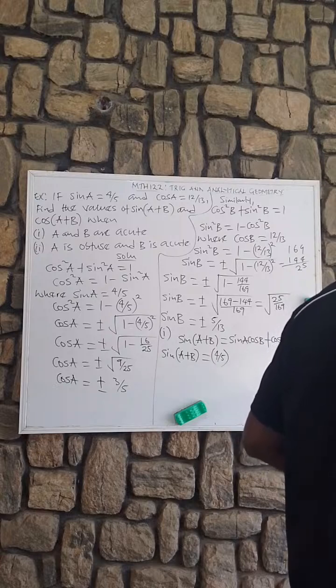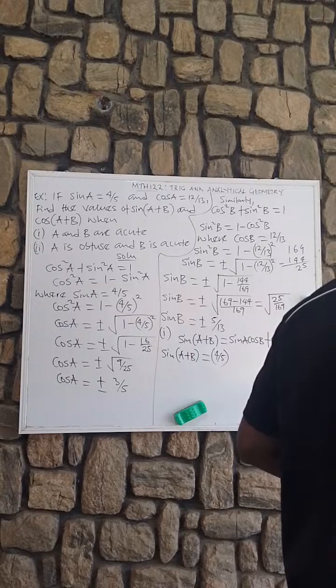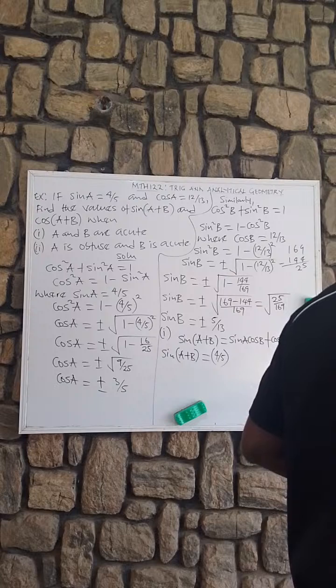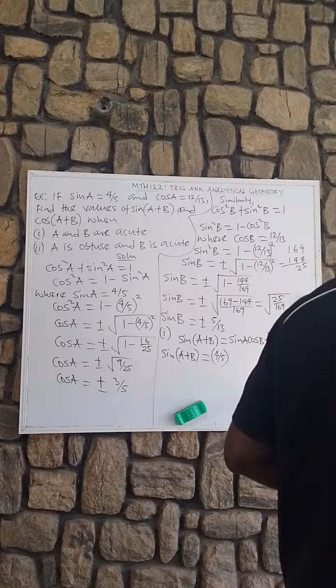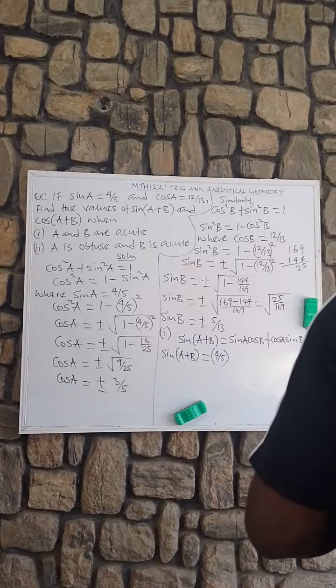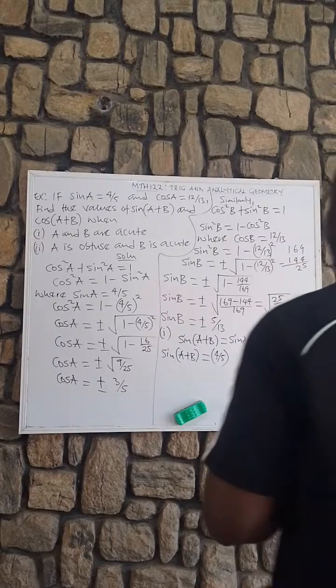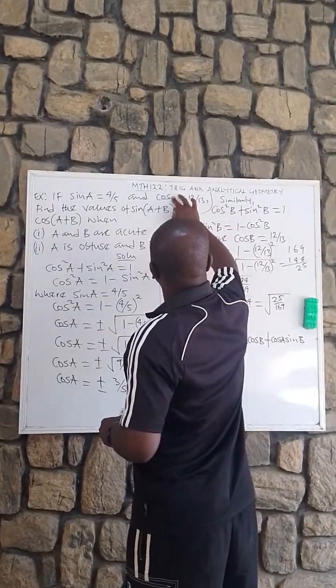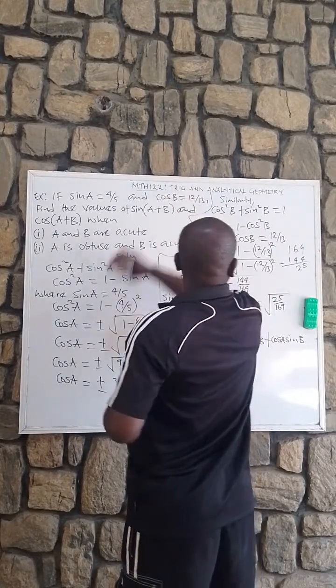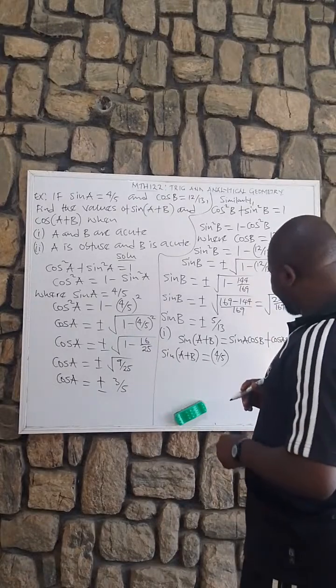Sine A cos B plus cos A sine B. I think this should be B. Sorry, here should be B. Sorry about that.